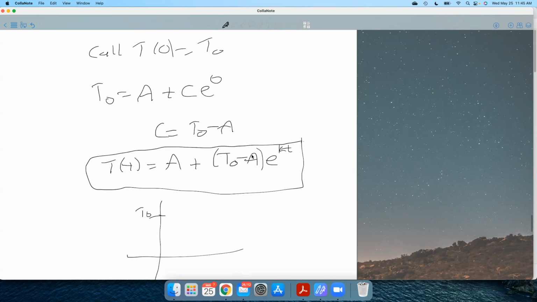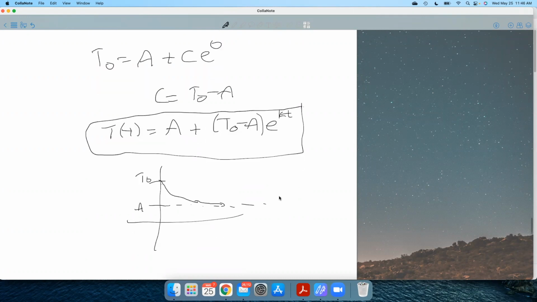This is a negative number, so we'll get some negative exponential growth, which will decay off until this part becomes 0 and will tend toward ambient temperature. So we exponentially, asymptotically approach the temperature of the room.